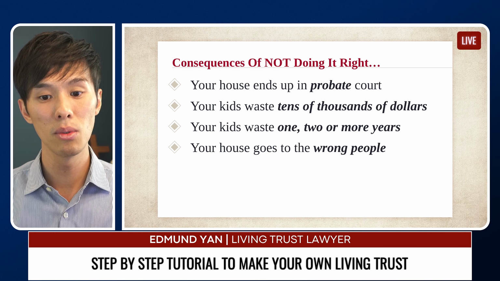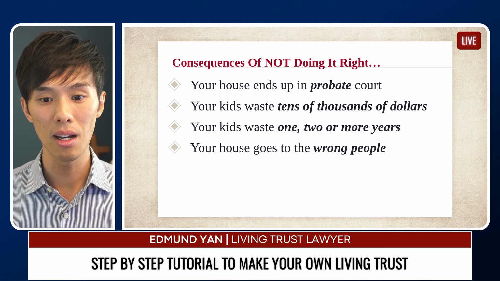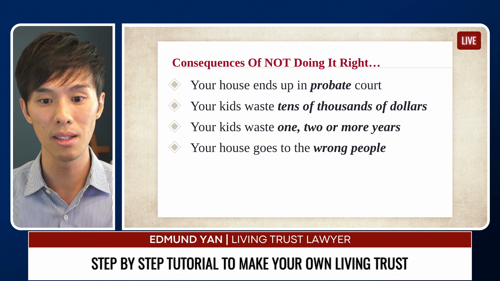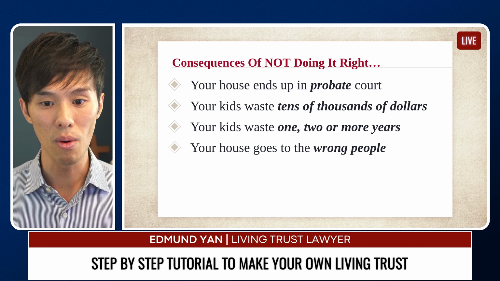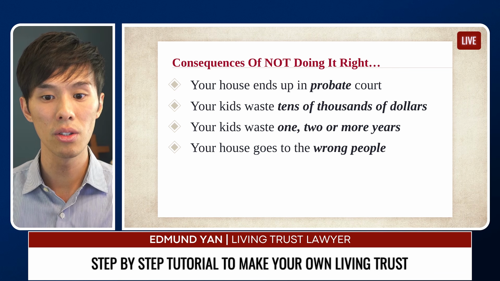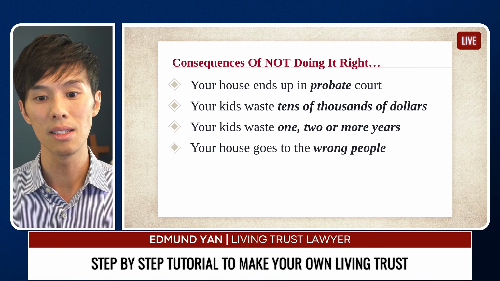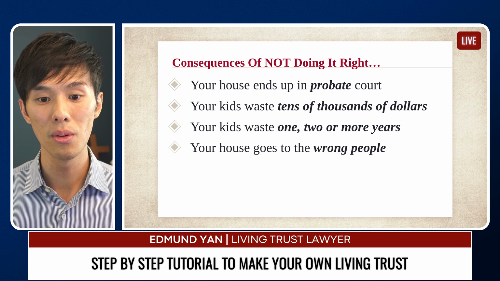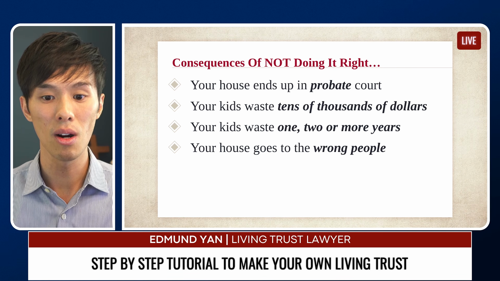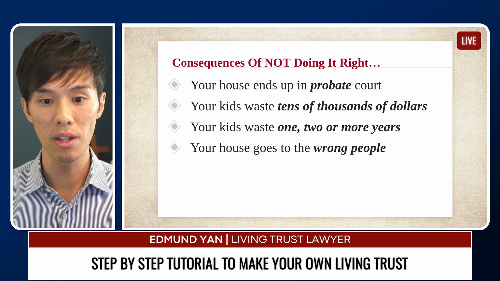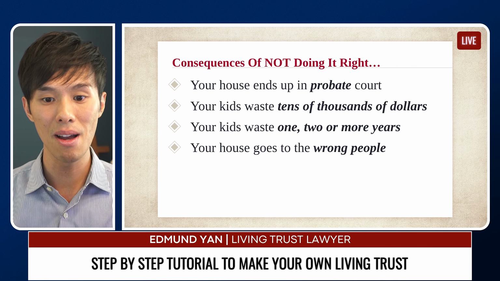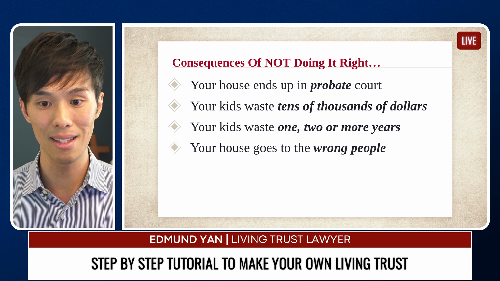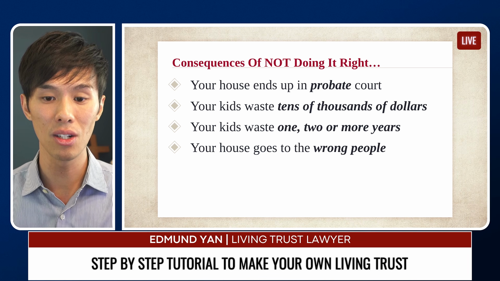So rather than moving on with their lives, they're going to have to go through the probate process, and the thought of you passing away will linger for 1 or 2 years more because of the things they have to do in order to receive their inheritance. And also, your house could go to the wrong people. If you don't do it right, your house might end up in the wrong people's hands. So that's why it's really important to get a trust done.